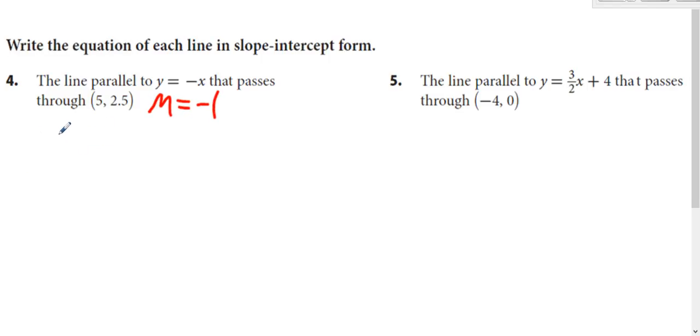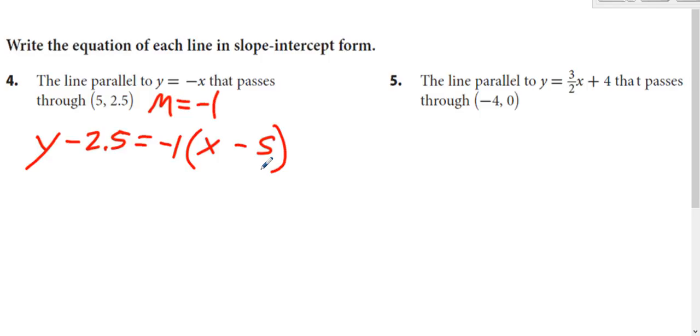So we could go with our point slope, y minus the y point, 2.5, equals m, the slope, times x minus the x coordinate from the point, 5. Then we will distribute.